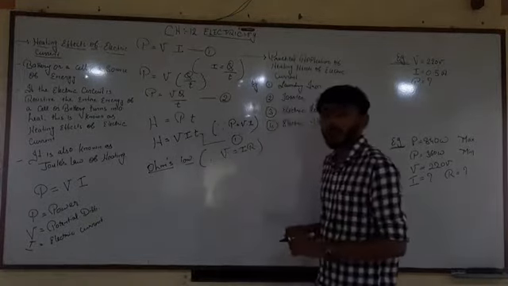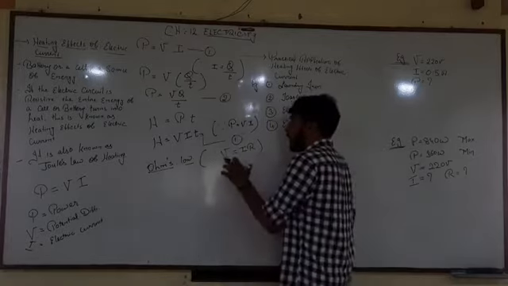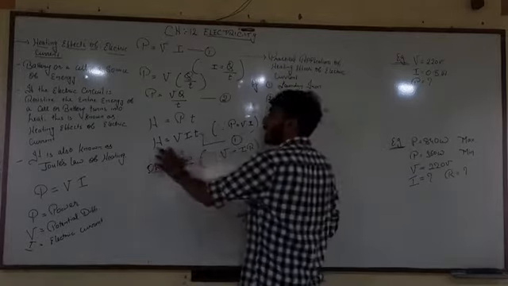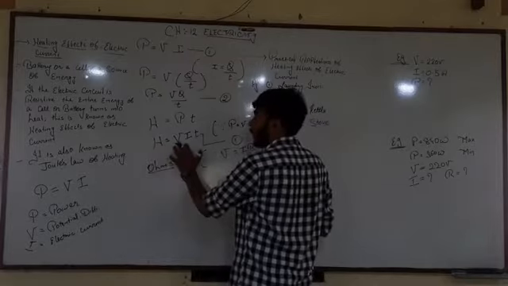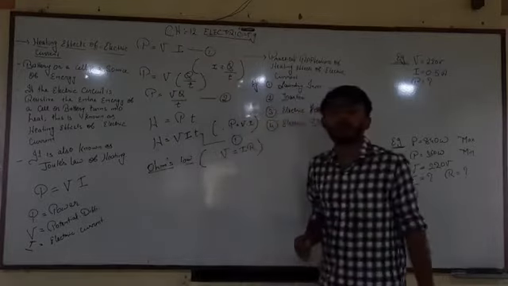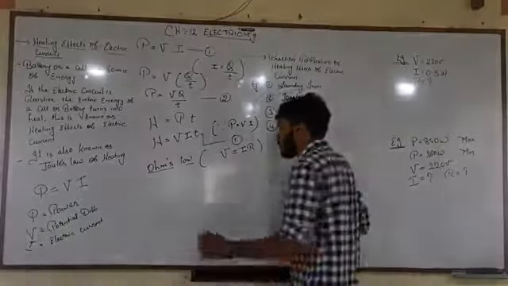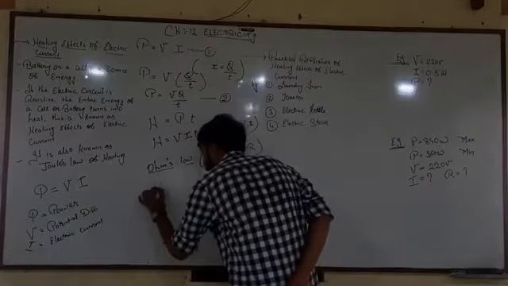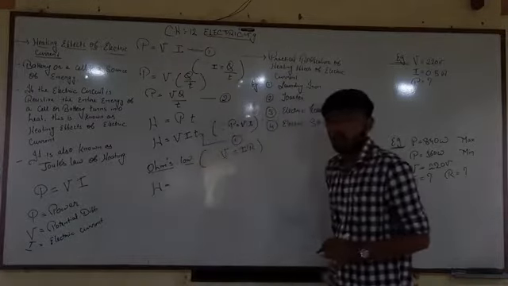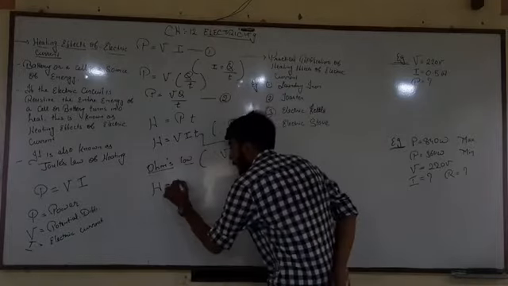Can you get my point? If V is equal to IR, then I can substitute the value of V in this equation of the heating effect of electric current, and so it becomes H is equal to V. What is V?